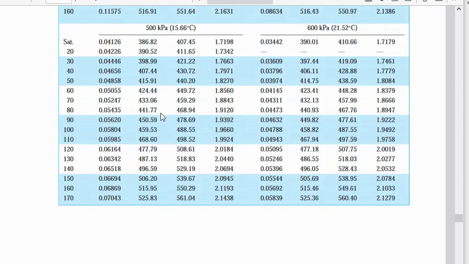This is 500 kilopascal, and you will find that our value is between the temperature of 70 degrees and that of 80 degrees. Our specific volume is between these two values, 0.052 and 0.0543.